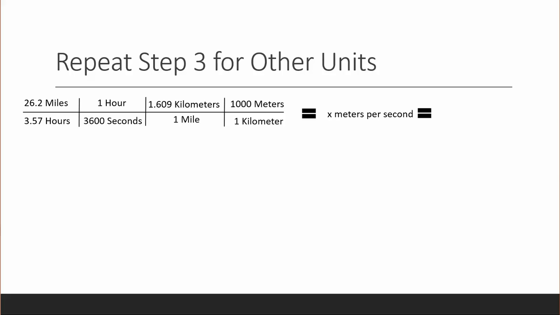Now go ahead and put that in your calculator. 26.2 miles times 1.609 kilometers times 1,000 meters over 3.57 hours times 3,600 seconds. The hours times seconds you're going to need to put in parentheses on most calculators to ensure that it doesn't accidentally multiply everything you've done so far by the 3,600 seconds.